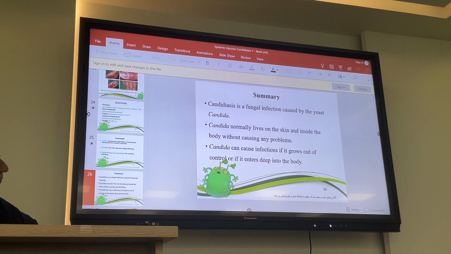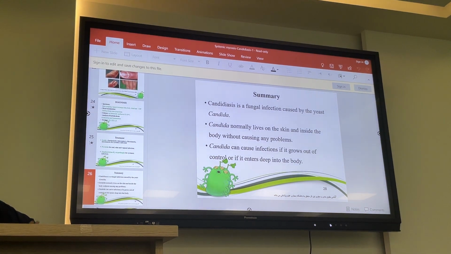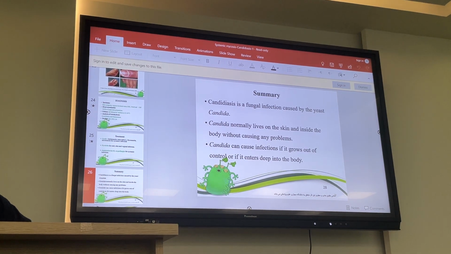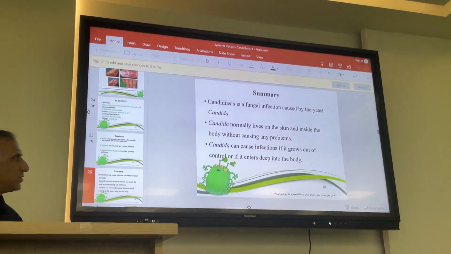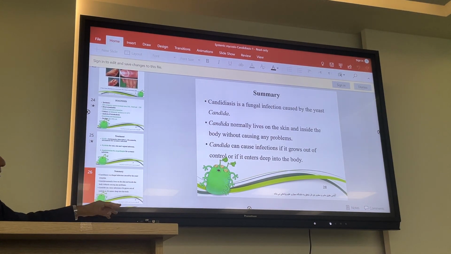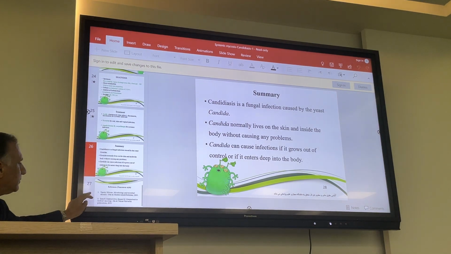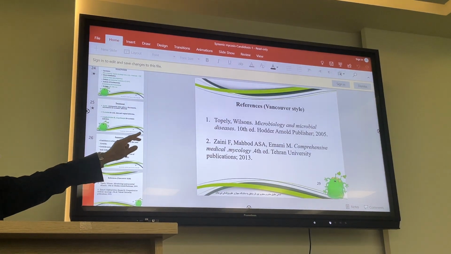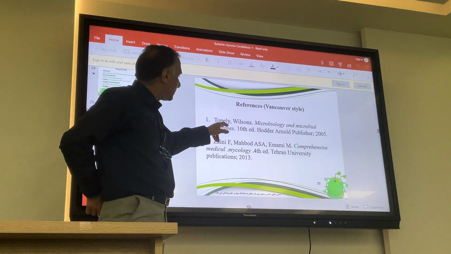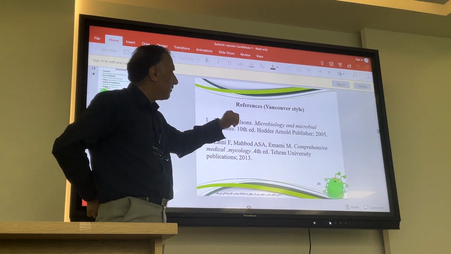Candida normally exists as normal flora in the skin and mucous membranes, and when we have a predisposing factor, it changes from normal flora to a pathogenic form. For additional information, you can refer to this reference.